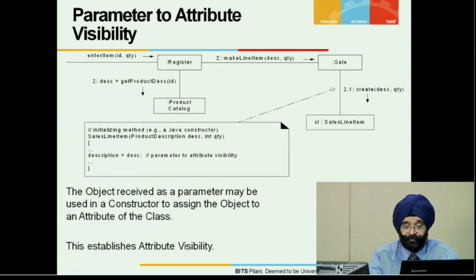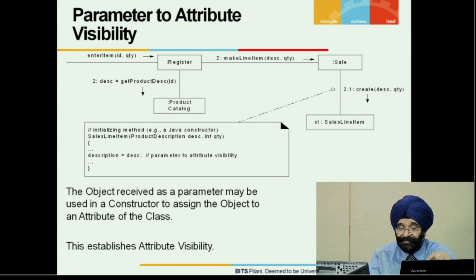So what does it do? A method in the sale class, which is executed in an object of sale class, creates an attribute called SL, which is of type sale line item, so that that sale line item will contain some attribute of type DSC.